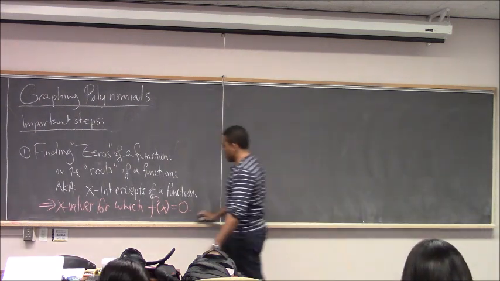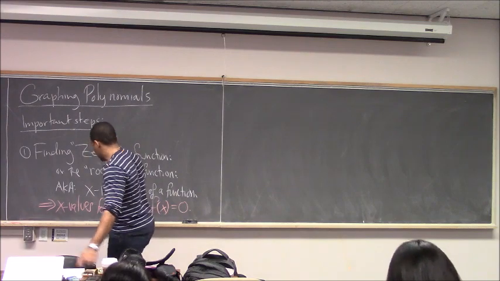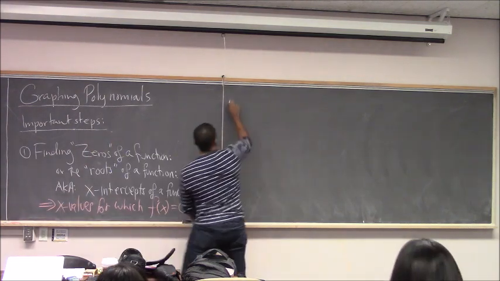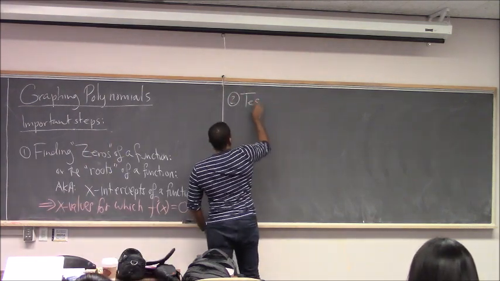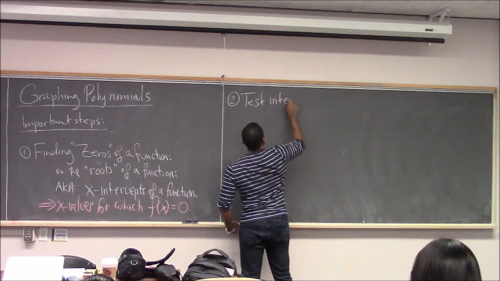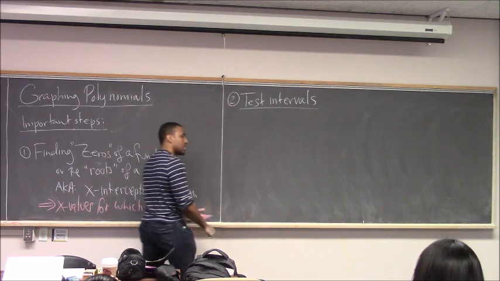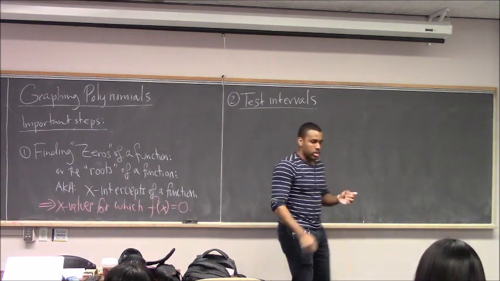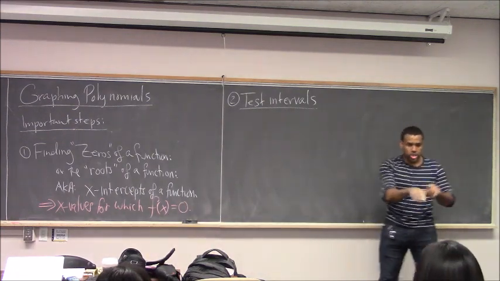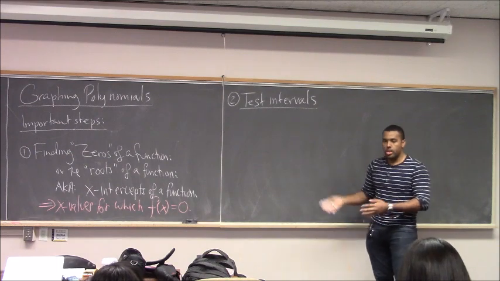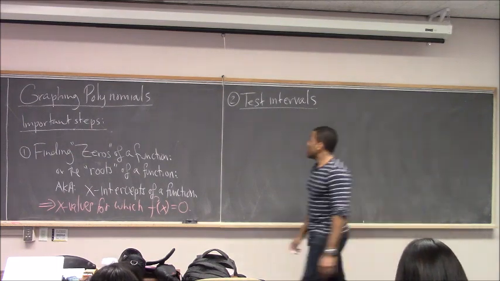Another idea that you want to know is you need to know how to test intervals. So this is kind of like what we did when we were solving inequalities. You plug in numbers in between the special numbers that you just found to figure out, is the graph positive or negative, right?